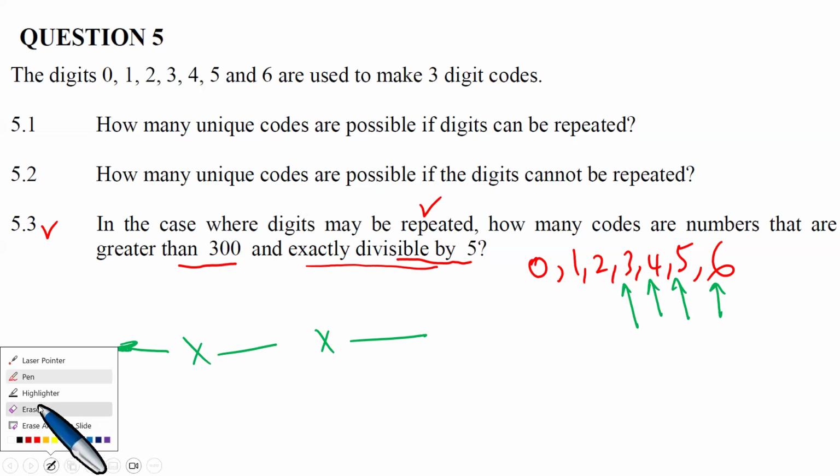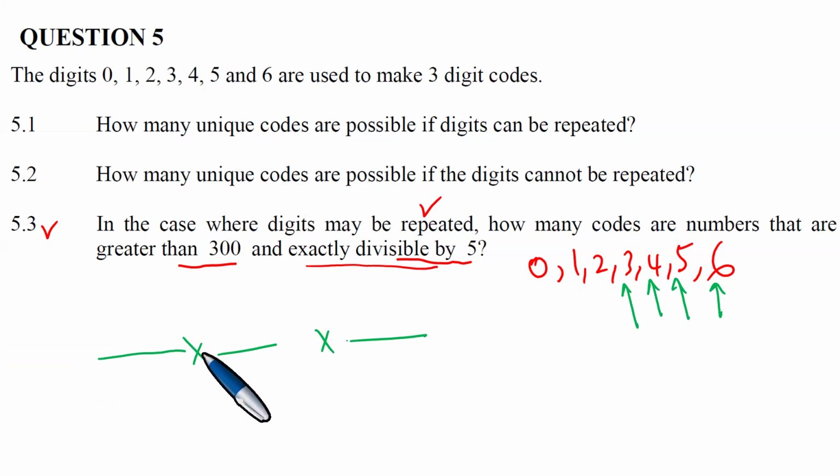Let's reason these together because it's a very interesting one, but you need to build understanding here. For the first position, the first digit, in the case where digits may be repeated, but we're still dealing with the 3-digit codes.